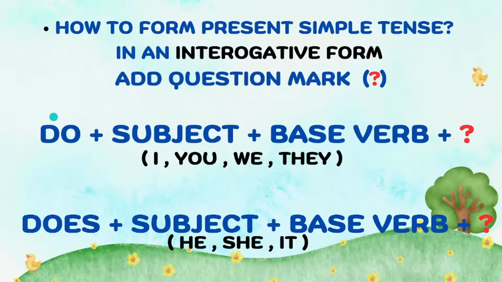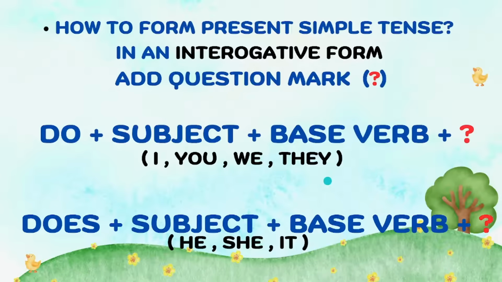Now, we use do, the helping verb, and then the subject, which is normally the pronoun. I put here the I, you, we, and they.